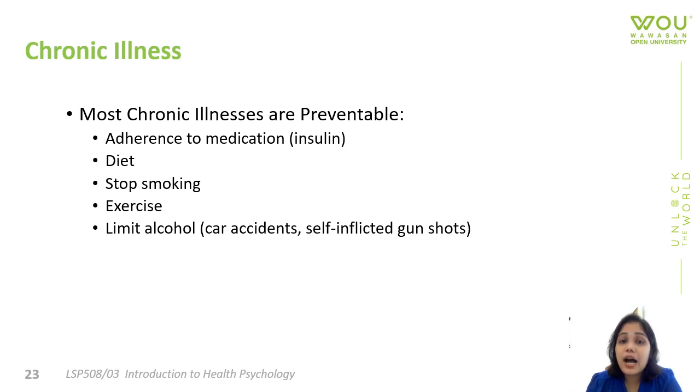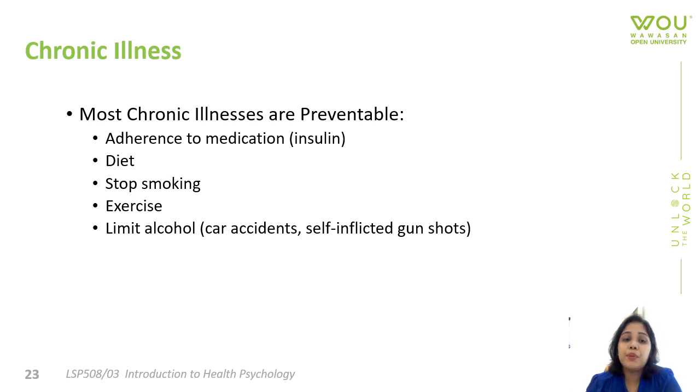So chronic illnesses are preventable, especially if adherence to medication increases, for example in diabetes, adherence to taking insulin. A better diet could also prevent chronic illness.